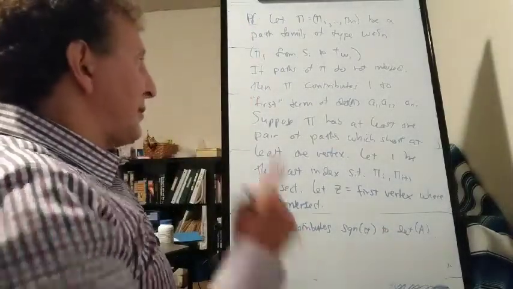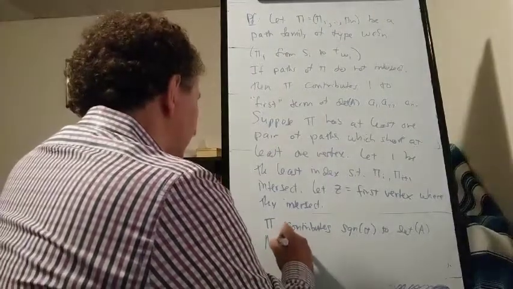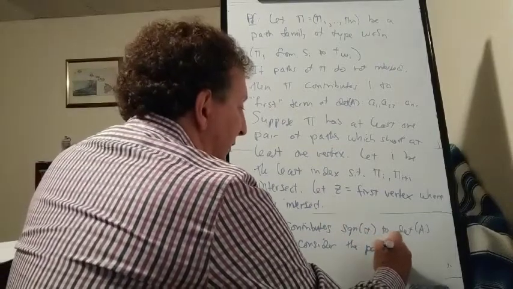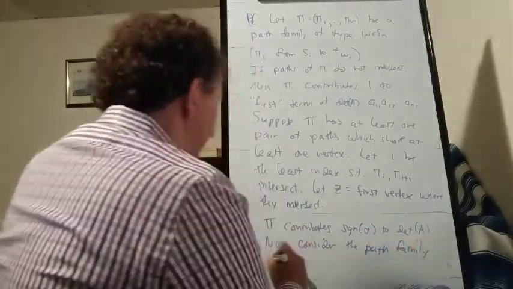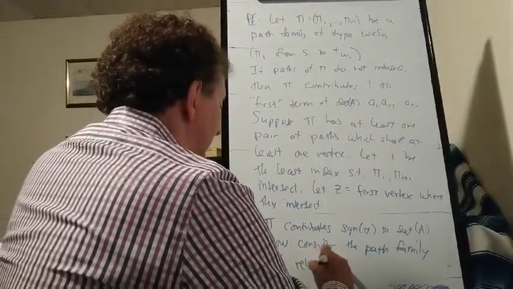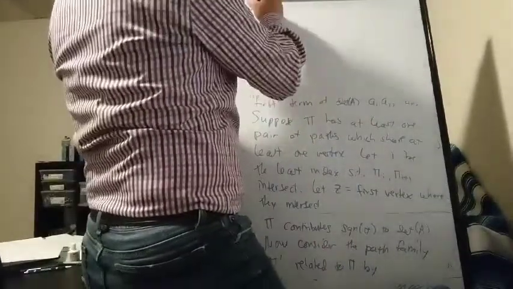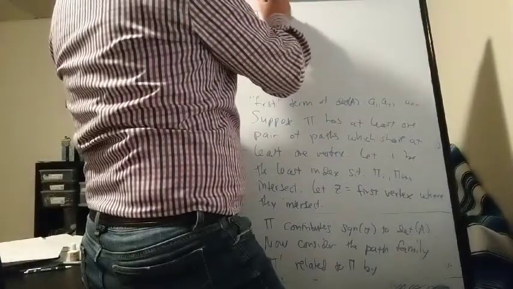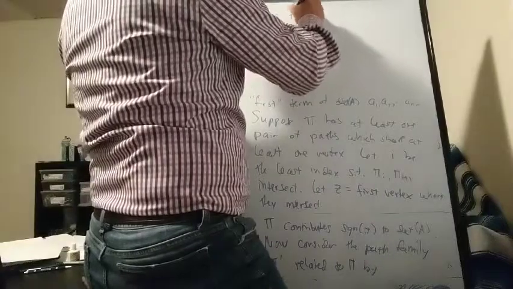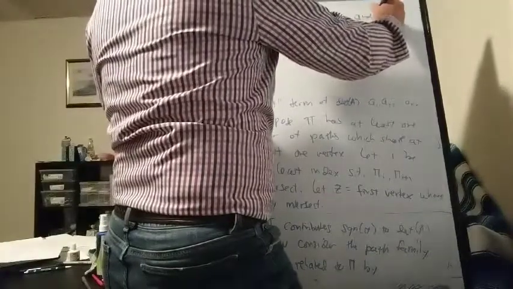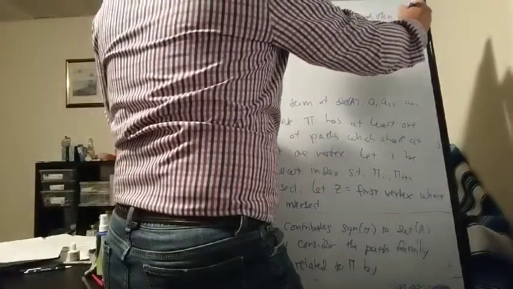Now let's consider another path family that's related to pi. Let's consider the path family, I'm going to call it pi prime, related to pi by pi prime i equals pi i up to z, and then pi i plus 1 after.